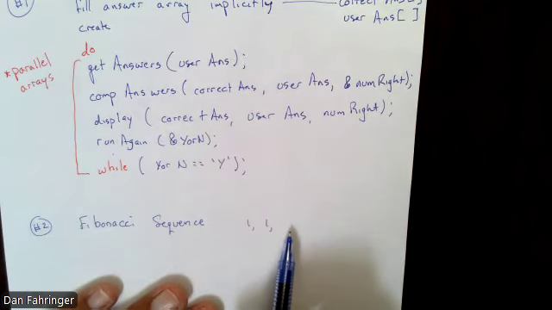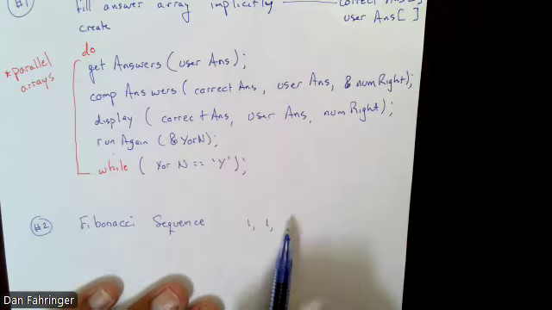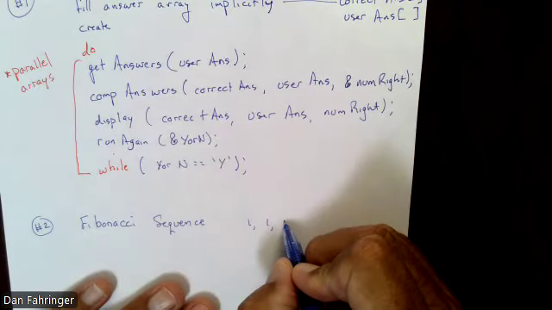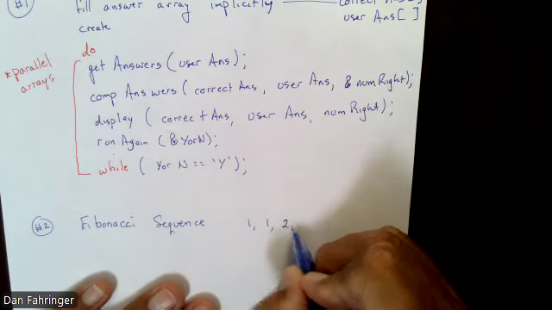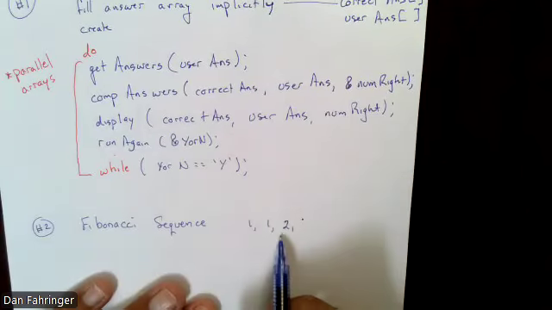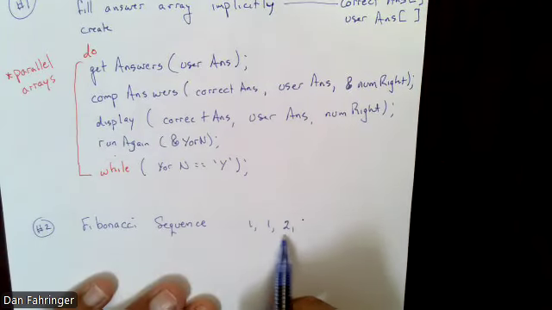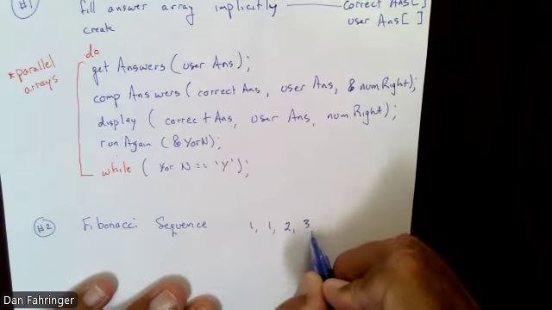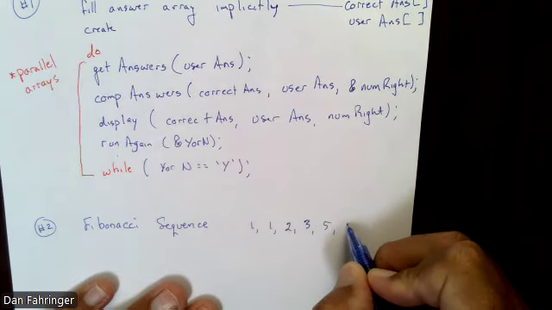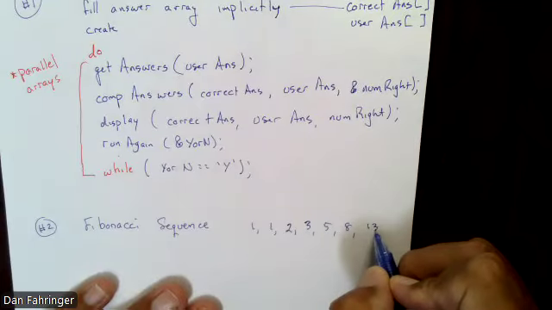The third term is the sum of the previous two. What's the next term? 2. Next term. 3, the sum of the previous two. Next term. 5. Yep. 8. Yeah, you got the idea of how this grows.